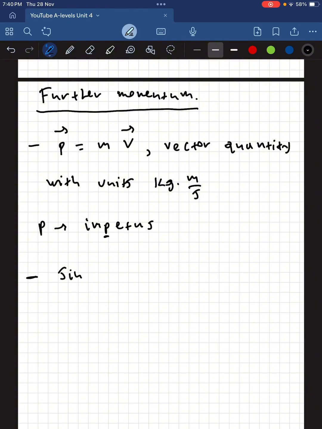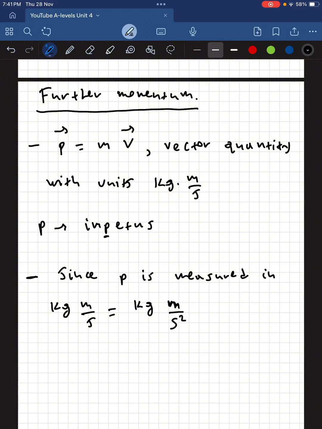So since p is measured in kilograms times meters per second, notice that we can write this as kilograms times meters over seconds squared.